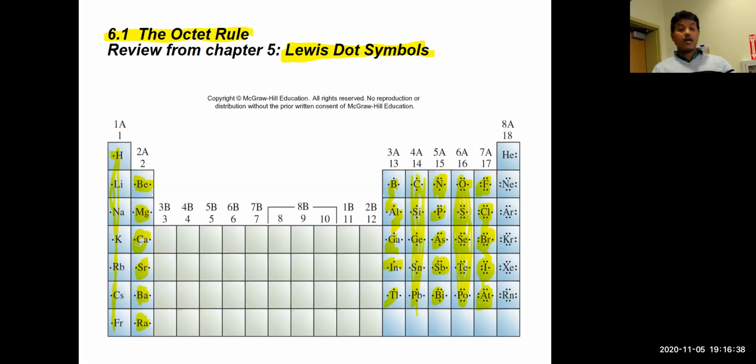We are going to learn how these elements achieve the stability of the noble gas electronic configuration by having 8 valence electrons in their shell, which is a replica of the noble gas electronic configuration. As you see here, noble gases have 8 electrons and all of them are lone pairs.